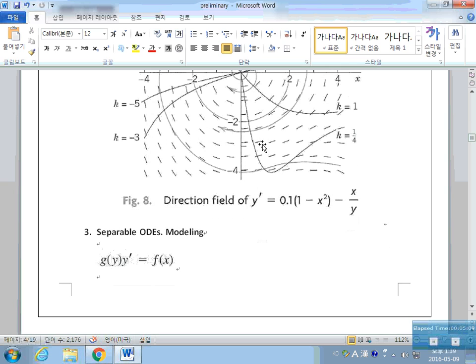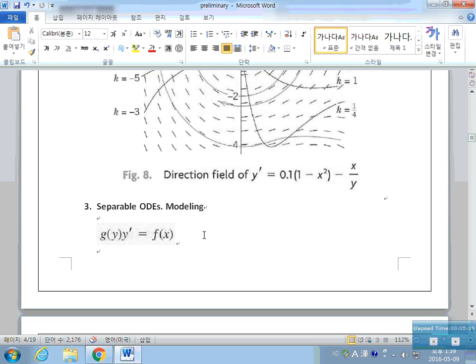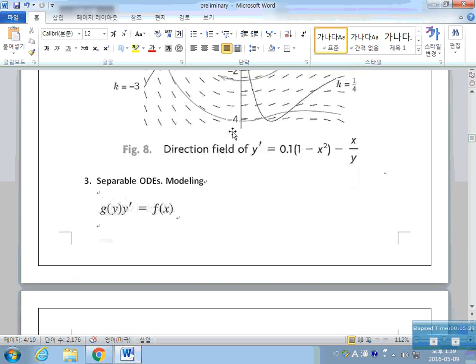Then there is a third method to solve the ordinary differential equation, which is separable ordinary differential equation modeling. Here we separate the x terms and the y terms on each side, and then we solve it by using integration, like what we do in normal integration.